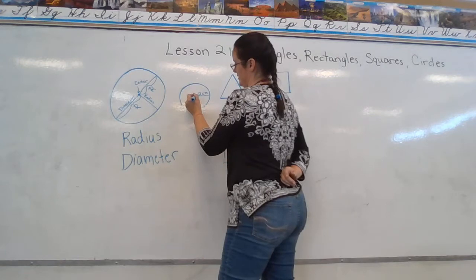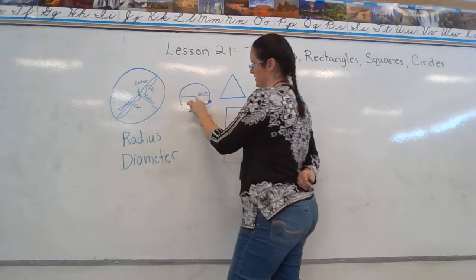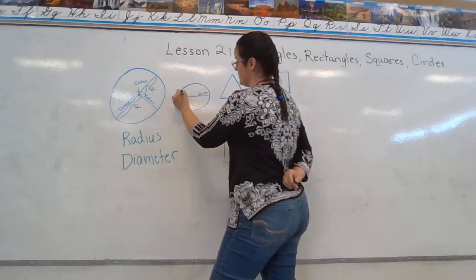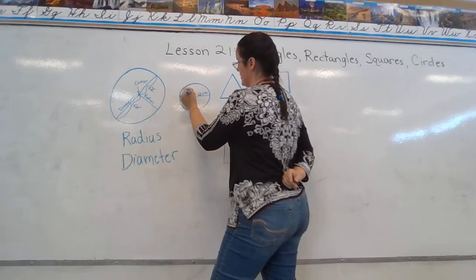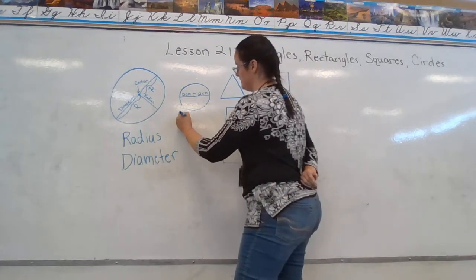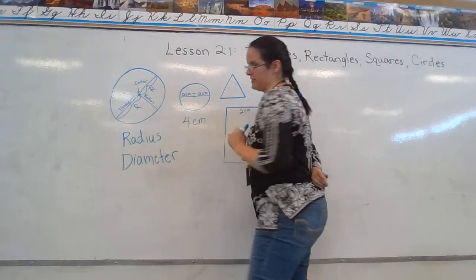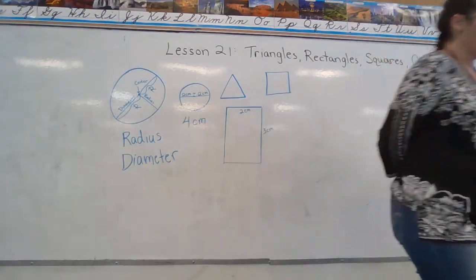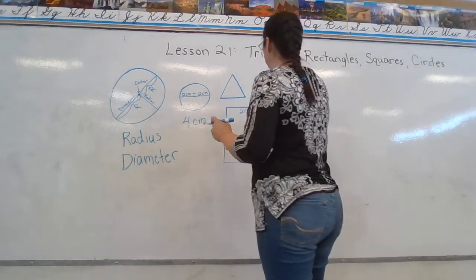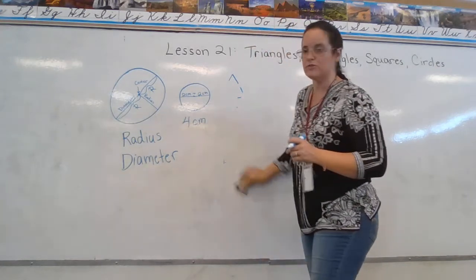And the diameter goes the whole way through. So if this side is 2 centimeters, this side is also going to be 2 centimeters. So you want to add them together to get the diameter, which would be 4 centimeters. All right, at this point, your textbook shows you how to use a compass.